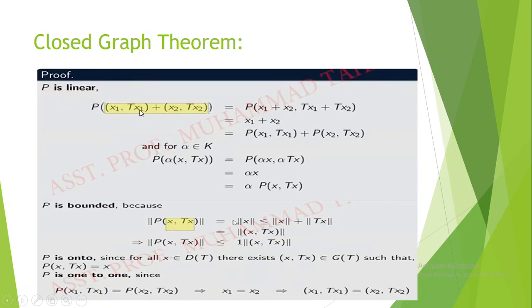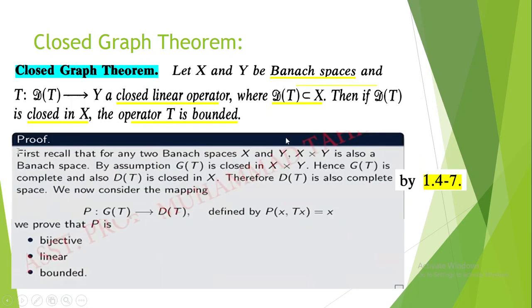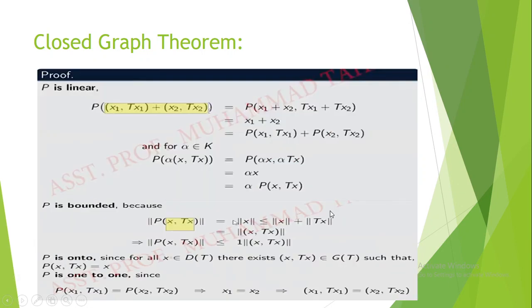First we apply P. So as we defined here, we add these two, x1 with x2 and Tx1 with Tx2. So this is clear by the mapping we defined here, it is x. So here we have x1 and x2. So this equals this one and this equals this one.